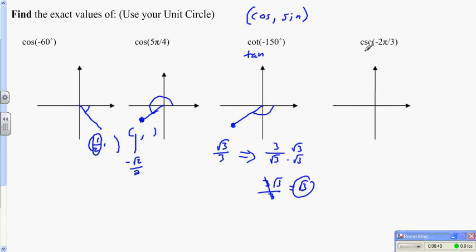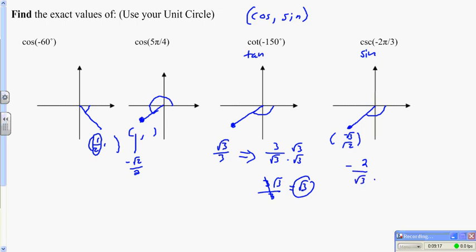Cosecant is the reciprocal of sine. So let's find sine at negative 2/3 pi. Now we're talking about sine. So sine is negative root 3 over 2. That means cosecant is the reciprocal of that, so negative 2 over root 3.